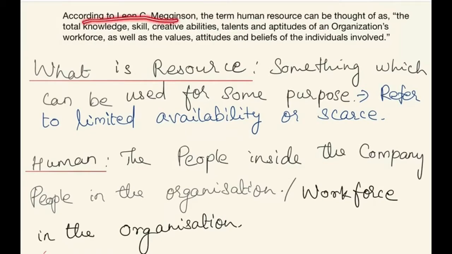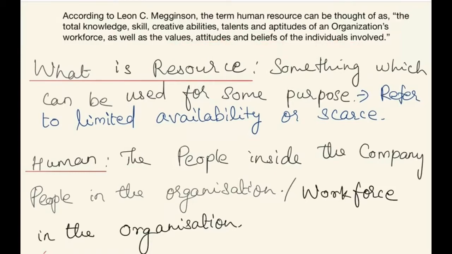According to Leon C. McGinson, the term human resource can be thought of as the total knowledge, skill, creative ability, talent and aptitude of an organization's workforce. It is the total workforce in the organization, their knowledge, skill, creative ability, talent and aptitude, as well as the values, attitude and belief of an individual.